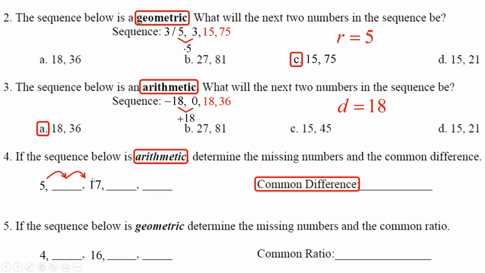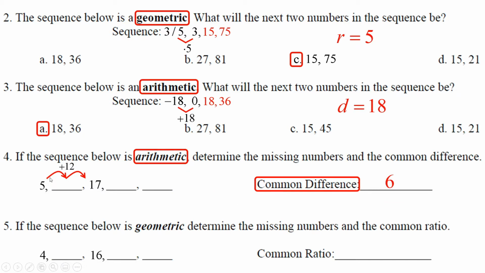What's the distance from 5 to 17? That'd be 12, wouldn't it? So doesn't that mean to get halfway there, I would just add 6? So I think there's a common difference of 6.